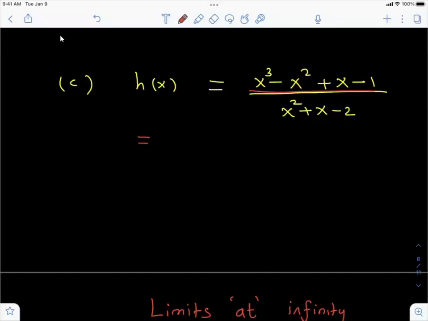Can you factor the top? If you do not recall it, think about it. That is factoring by grouping. I'm going to give you one more minute. All right, pause the video and think about it. Do the simplification, and you can earn some confidence with that.